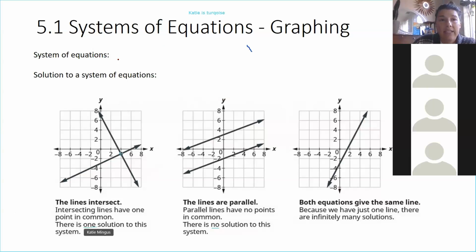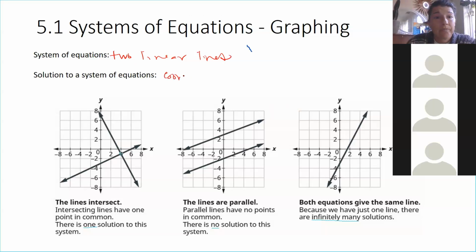But this lesson is all about systems where we're talking about two linear lines on the same plane. The solution to the system is the coordinate pair that they have in common. It's where they intersect graphically.